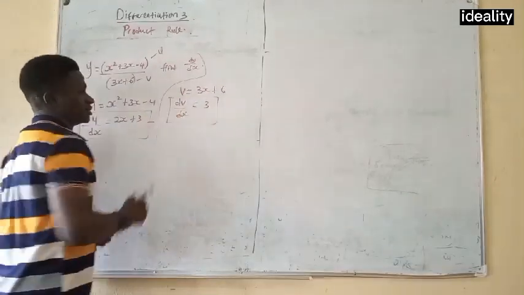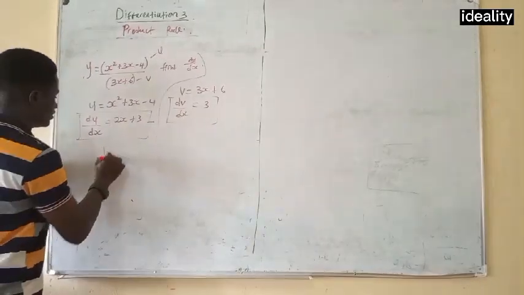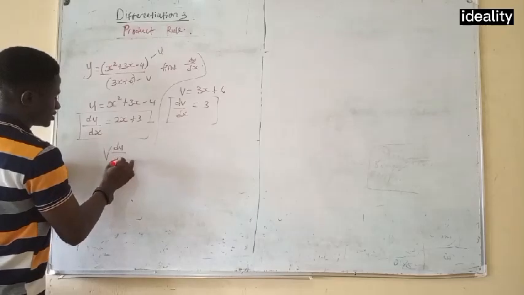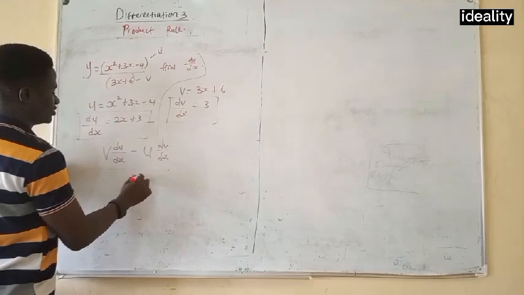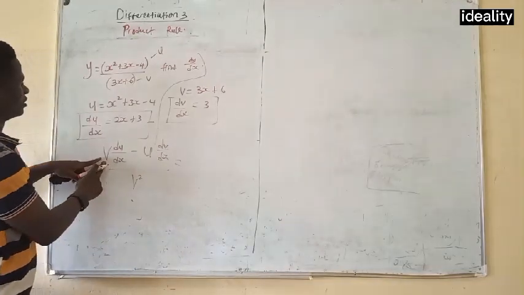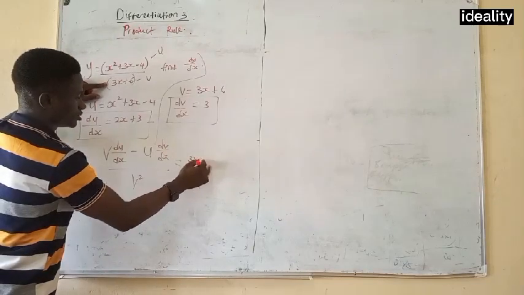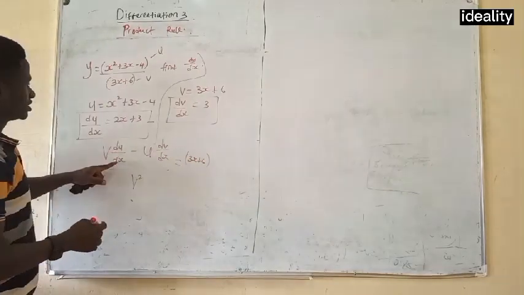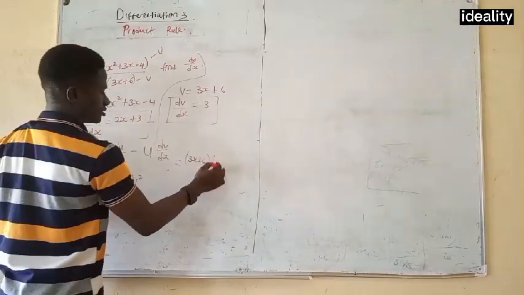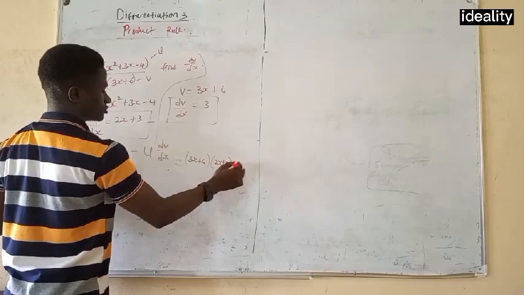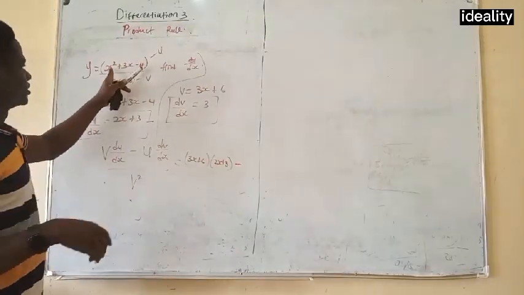Then the formula for the quotient rule: v du/dx minus u dv/dx over v squared. What is my v from the question? My v is 3x plus 6, multiplied by du/dx, which is 2x plus 3, minus, what is my u?